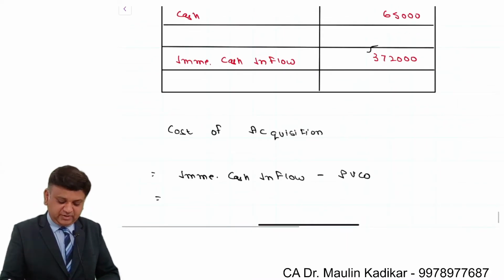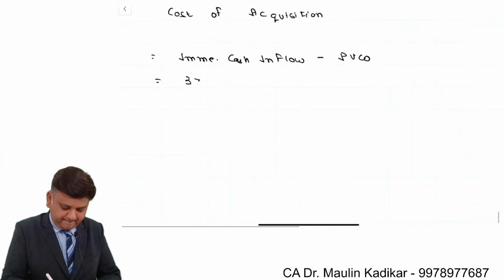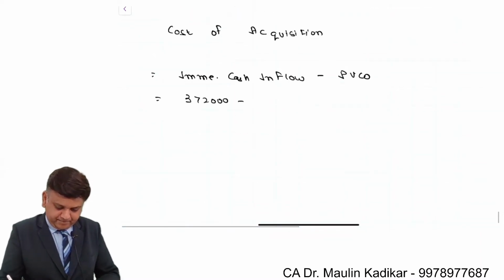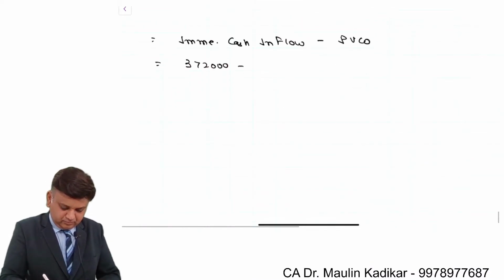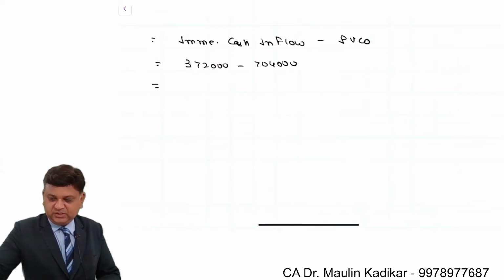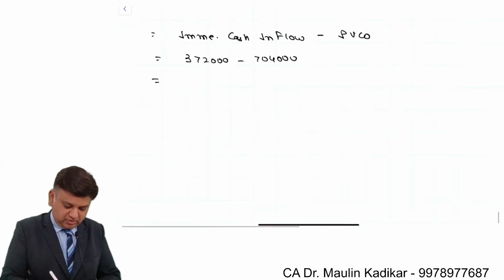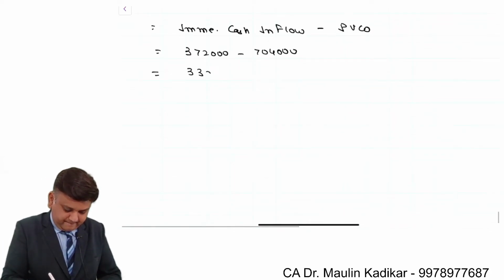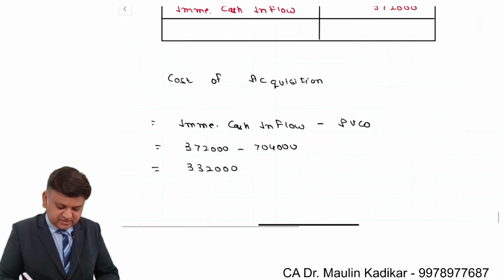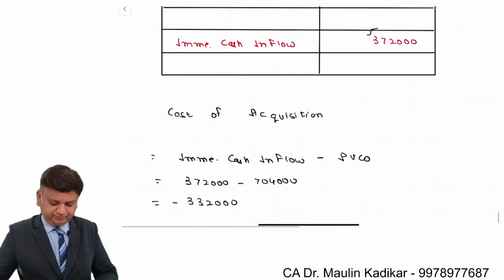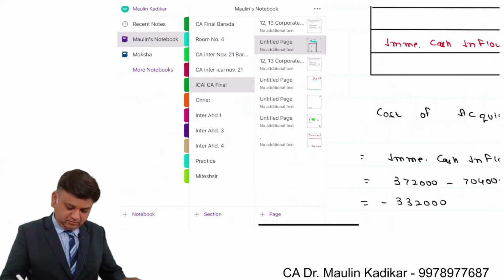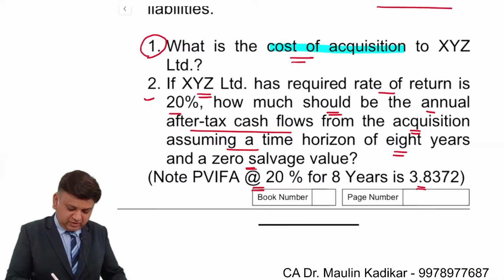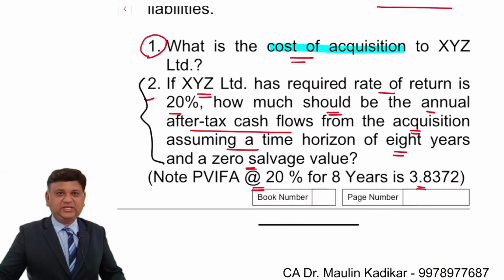So it is 3,72,000 minus 7,04,000. So excess amount is 3,32,000. And that is considered to be the cost of acquisition. First question answer. I want you to give answer for the second part of the question in the chat box.